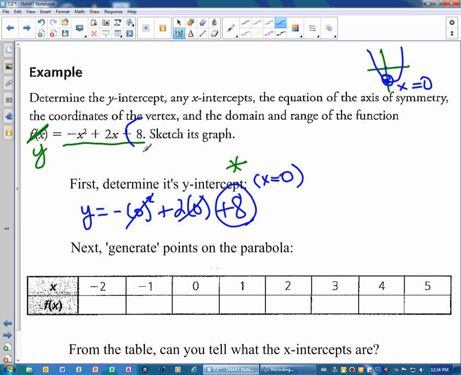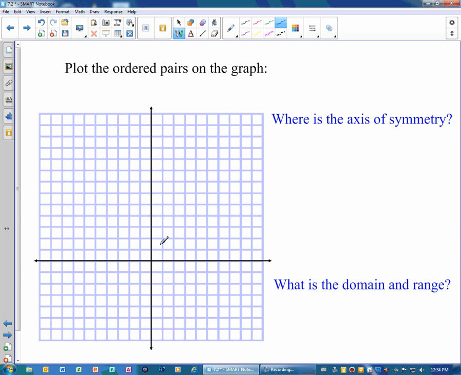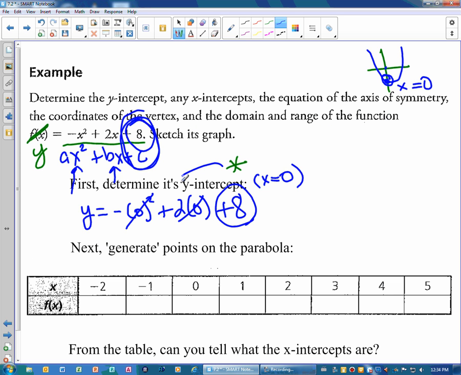And when your equation is in the form of ax squared plus bx plus c, that last term, that c, is always your y-intercept because you're always substituting in x is 0. So when you go to graph your parabola, your y-intercept is 8. I know that for sure. It's not my vertex, it's my y-intercept.